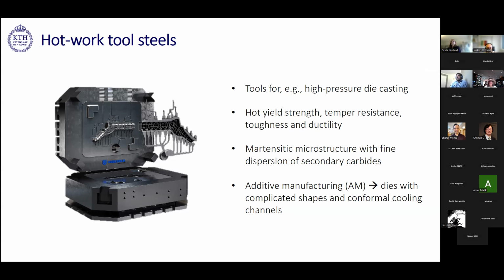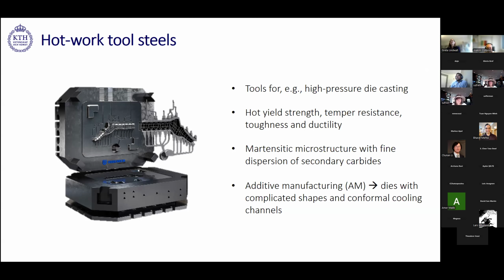And these are of interest for additive manufacturing, since you could do more complex tool shapes with the help of AM. For example, incorporate internal cooling channels and improve tool life and functional performance of the tools.